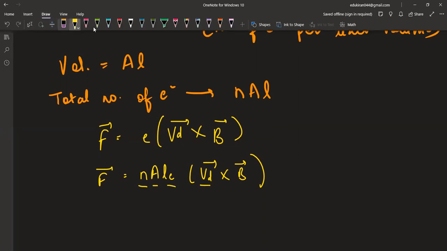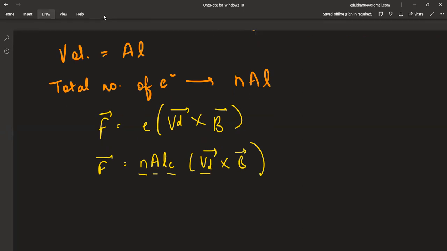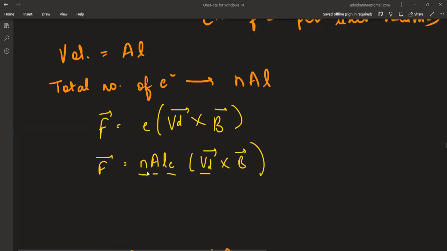Can anyone answer? NeAVD. One relation we had seen when we were discussing current electricity.